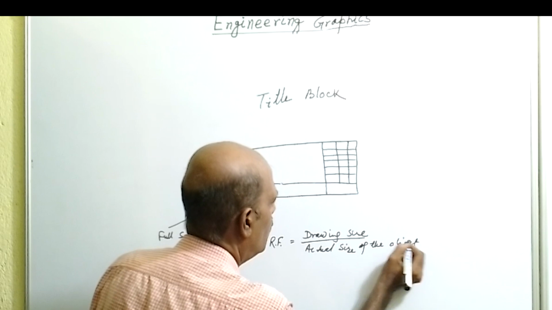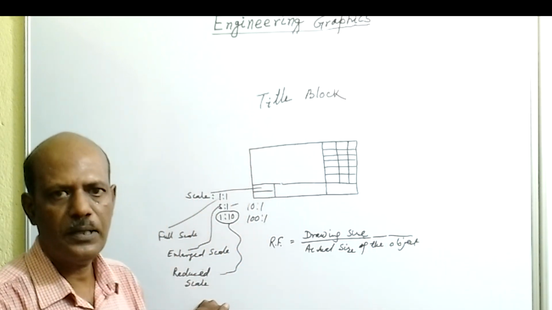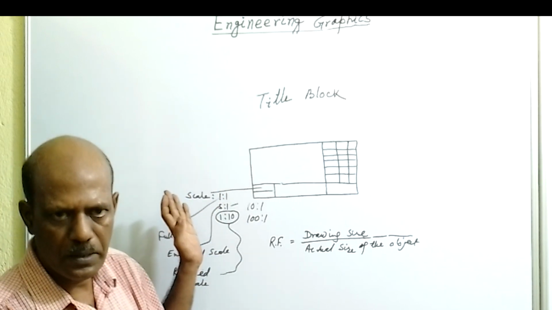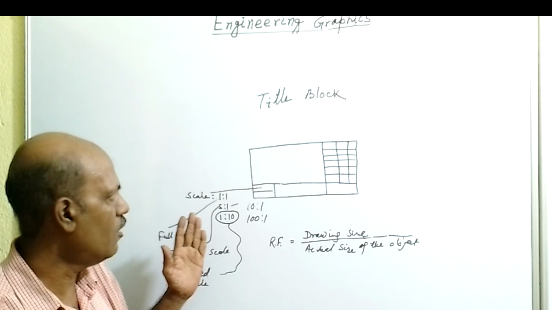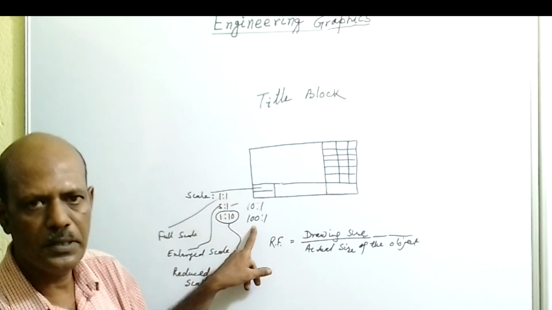It is not always possible to draw as per the actual size on a sheet of paper. So a large size object is represented on the sheet with the help of a reduced scale.